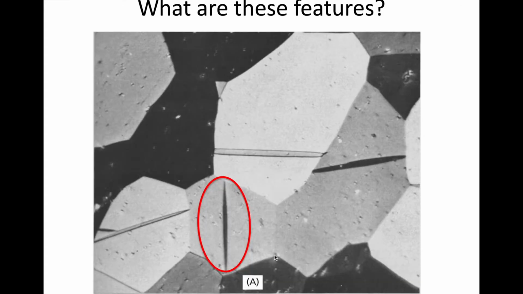And I just threw this in here. This is actually a ceramic material, but there is another type of twin. This lens-shaped defect inside this grain is also a twin, but this is a mechanical twin. They tend to be thinner and more lens-shaped, and that can be caused by the mechanical properties when you roll something.